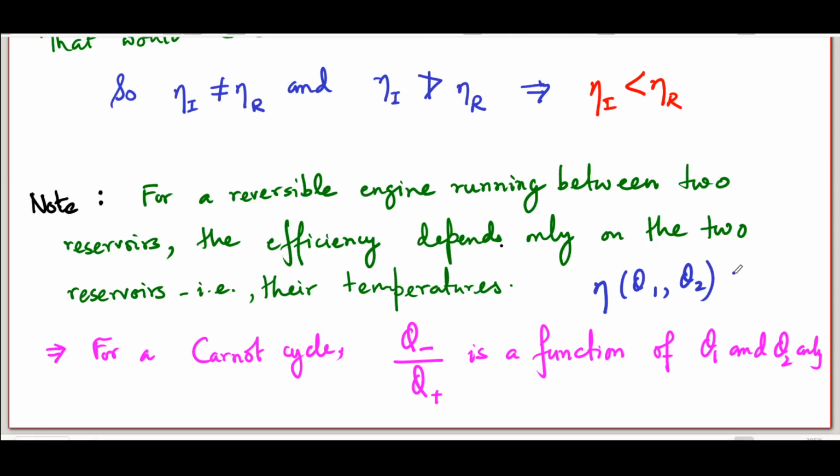But notice that eta is actually 1 plus Q minus by Q plus. And this tells us that for a Carnot cycle, Q minus by Q plus, the ratio of heats taken in from the colder and the hotter reservoirs, is a function of the two temperatures theta 1 and theta 2 only. In fact, Q minus by Q plus is simply eta minus 1. And that, of course, is a function of theta 1 and theta 2.